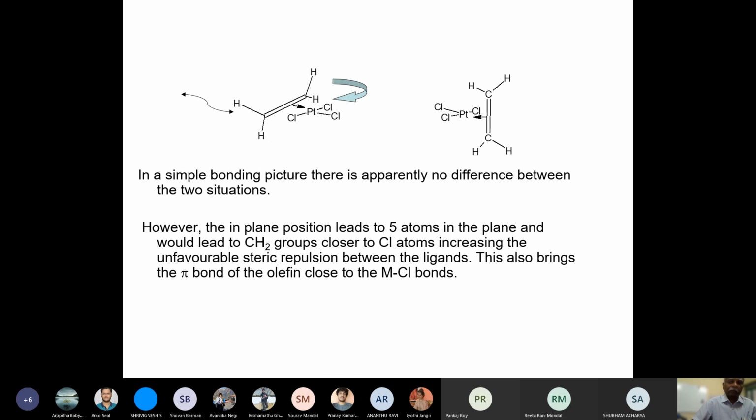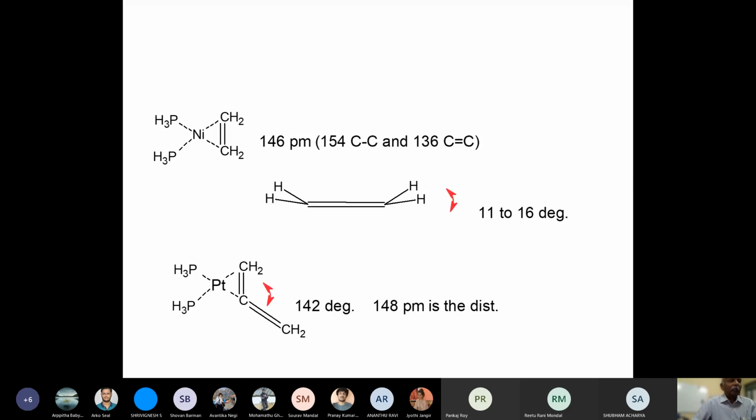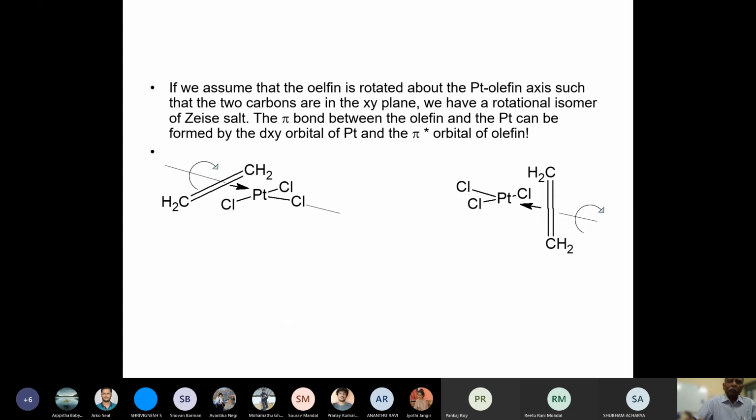this is indicated here. I think I have another slide. These two groups are interacting with the chlorine.